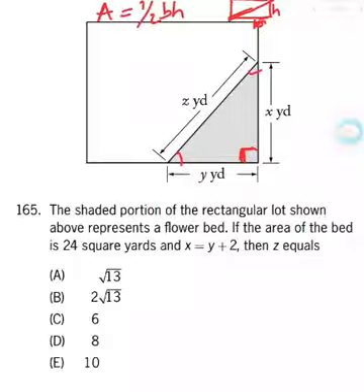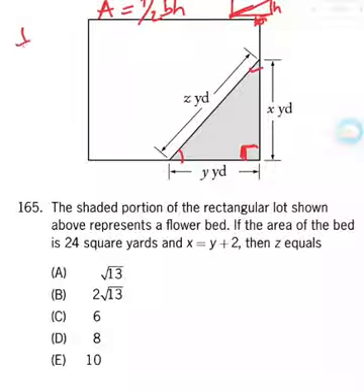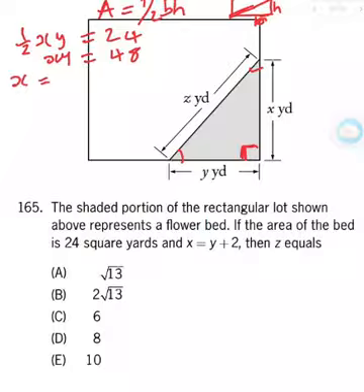Now let's solve this. We then know that half s times y equals 24. If we cross multiply, sy equals 48. So sy equals 48 and s equals y plus 2.